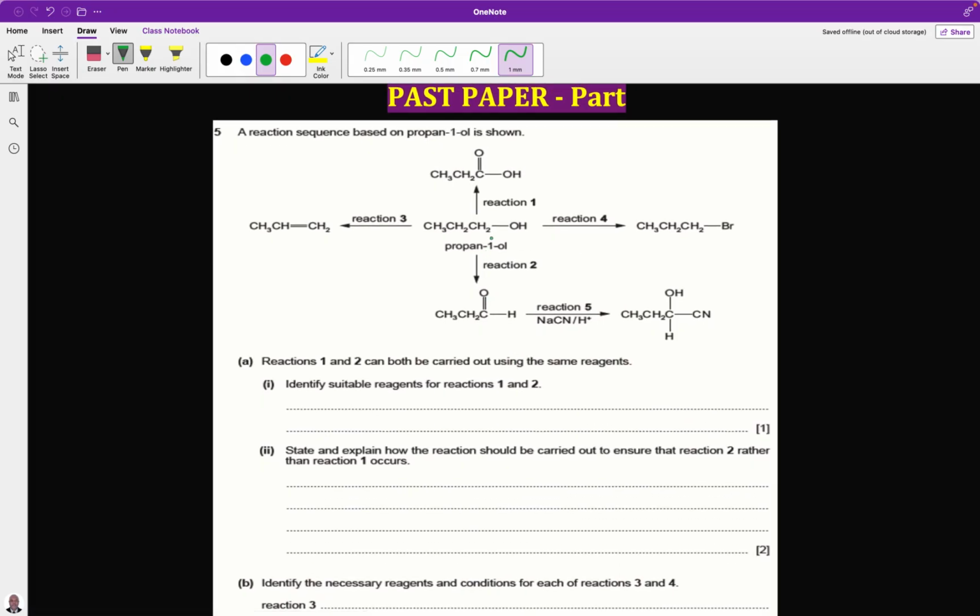We have propan-1-ol. Propan-1-ol in reaction 1 is oxidized directly to carboxylic acid. Propan-1-ol in reaction 4 gives a halogenoalkane, that is, it gives bromopropane.